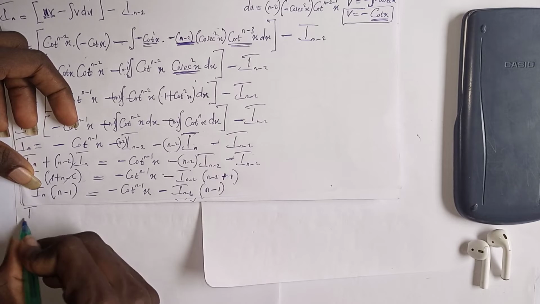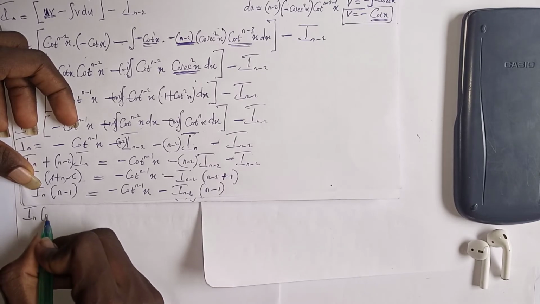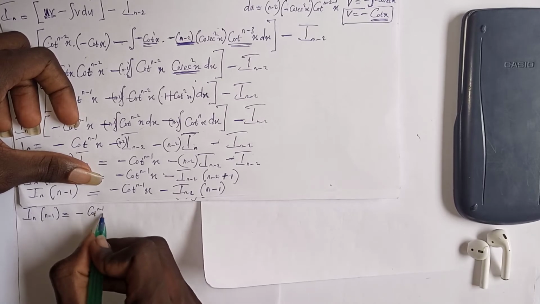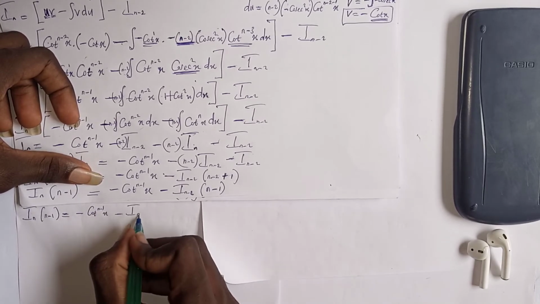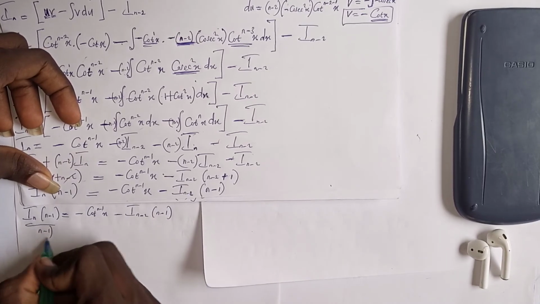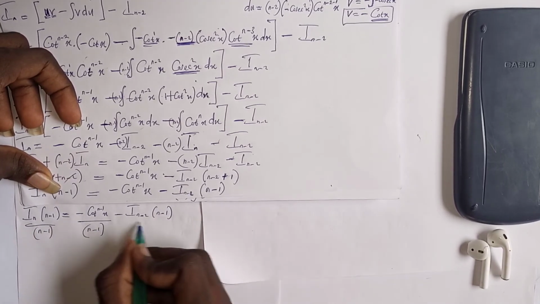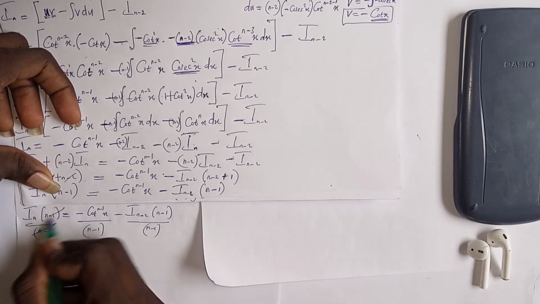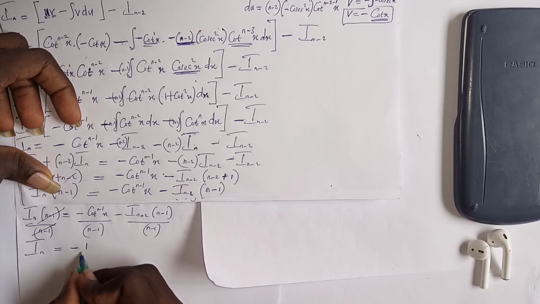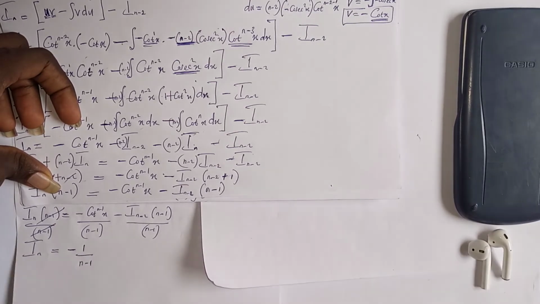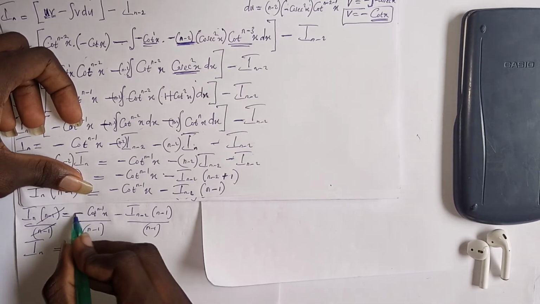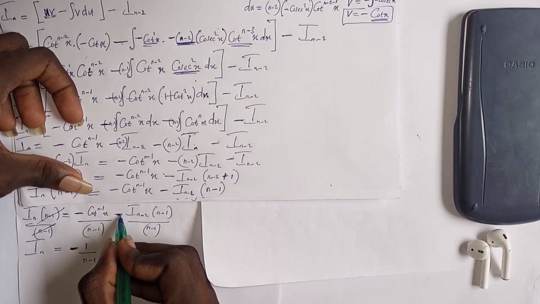Let me write this out. N minus 1 of in equals minus cot of n minus 1 of x, in minus 2, n minus 1. So if I divide through by n minus 1, this cancels this, and I have in equals minus 1 over n minus 1. Minus is common to the two terms.